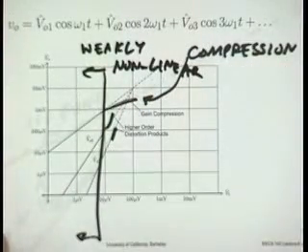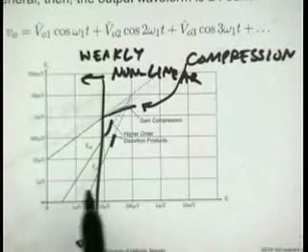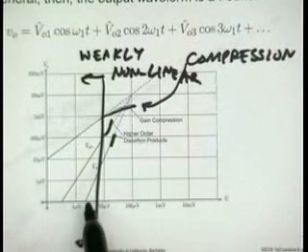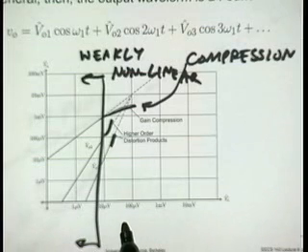In other words, our analysis is valid as long as the second order distortion is dominated by the second power. The third harmonic is dominated by the third power, and so on. Okay? Any questions about that?